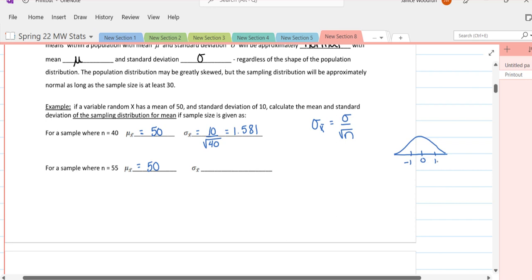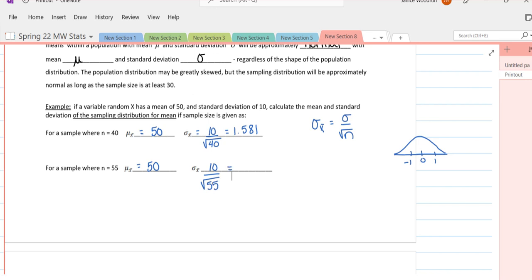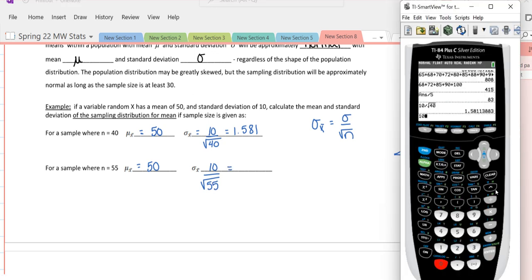Okay. So then the next one, your larger sample size, will get you closer. So you have 10 divided by the square root of 55, which is 1.348.